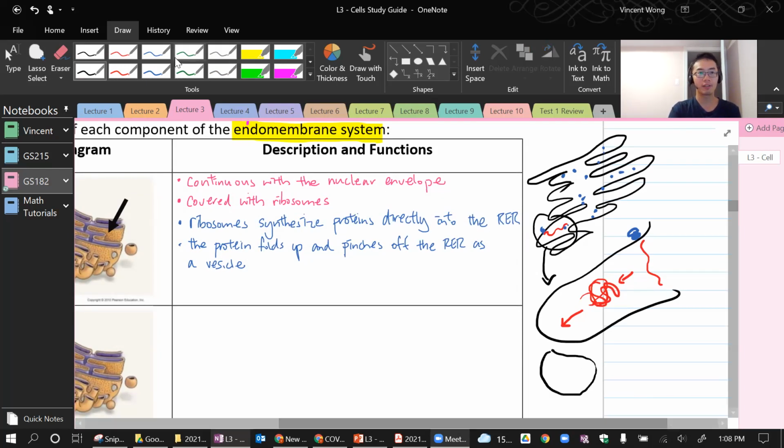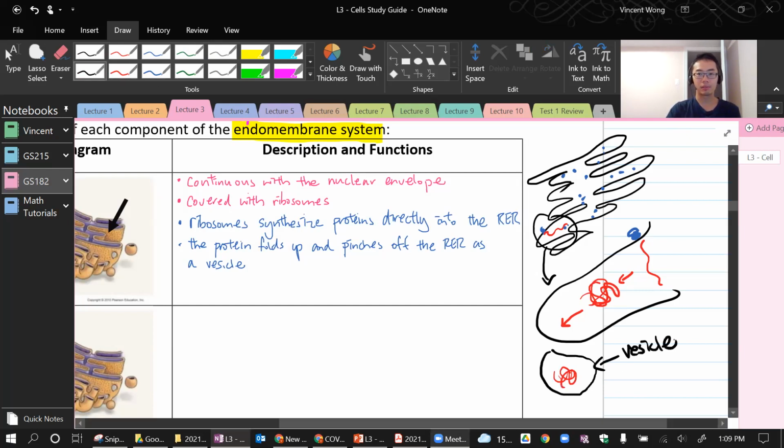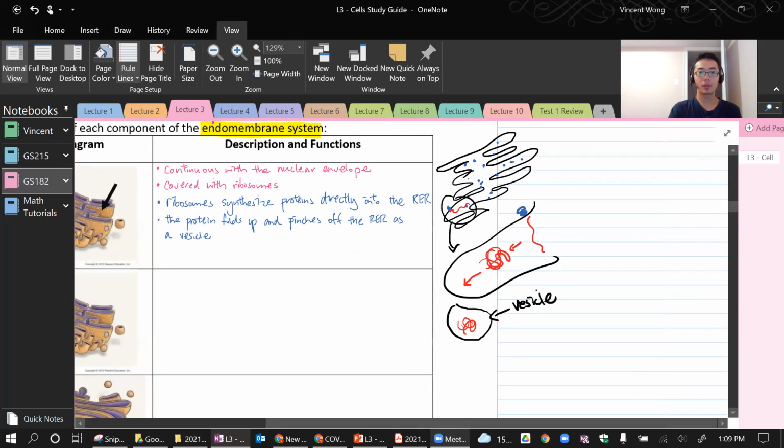It just pinches off, and it will have the protein in it. So this here is called a vesicle. Any question about that? It's probably not the most pretty drawing, but hopefully it gets the point across. Any question?